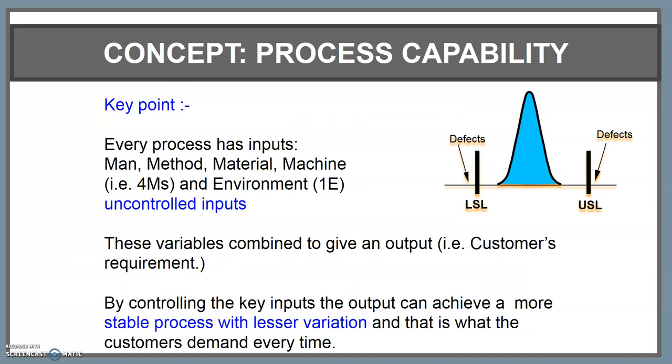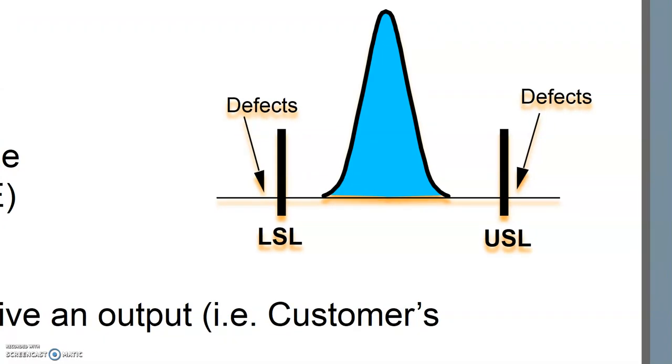The key point, as I discussed before, is that every process has inputs, the 4M1E. The purpose here is to produce a stable process with less variation in your product. That is what the customer demands every time. LSL and USL are the customer demand.